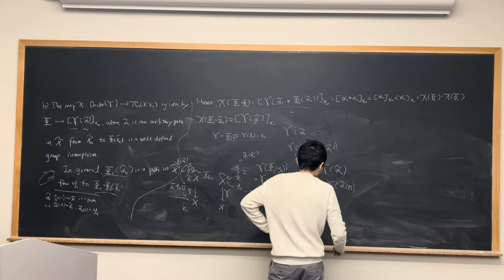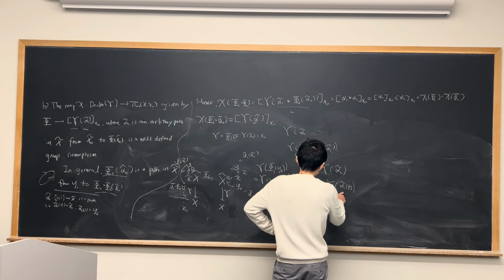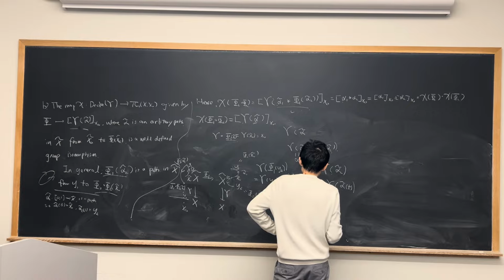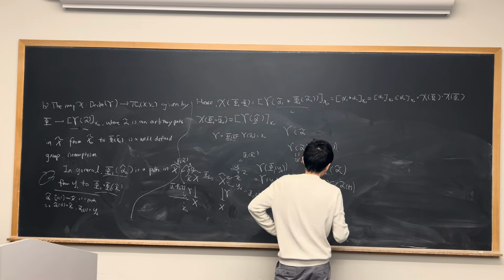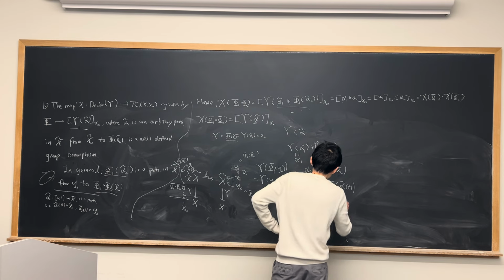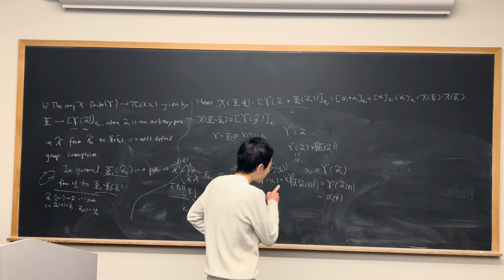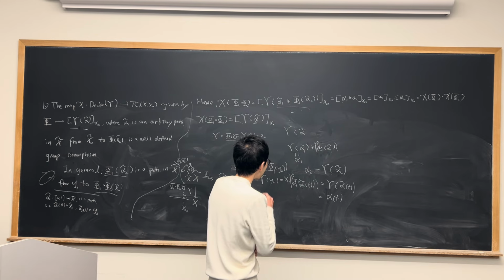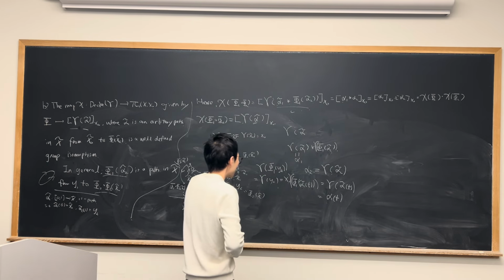is equal to gamma of this guy, okay, and then by definition of this one, this is equal to gamma of... wait, okay, sorry, yeah. This is equal to alpha 2t, okay. Since the t is arbitrary, therefore you have the result, okay.